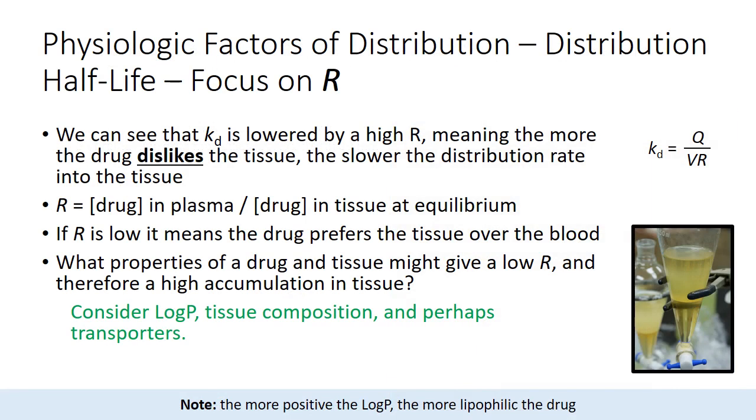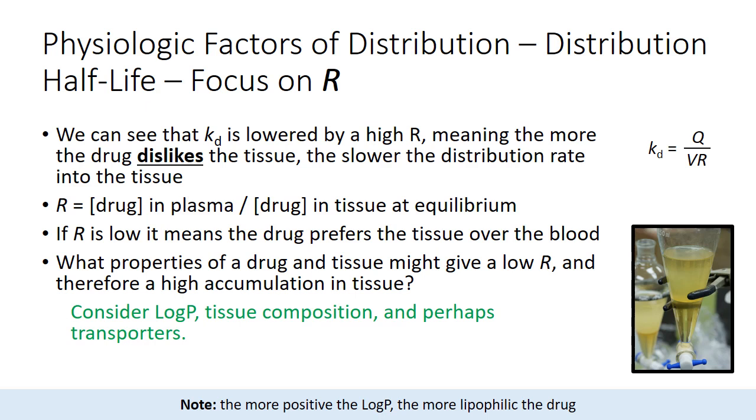Okay, so we're back on this equation. This is, again, the constant for the distribution into the tissue, and it equals the blood flow divided by the volume of the organ or tissue that we're talking about times the R. The only thing that might be a little new to you, or potentially not something you've thought about before, is this R. You probably never read about it, but the R factor is the concentration of drug in plasma divided by the concentration of drug in tissue, and the key is that that's at equilibrium.